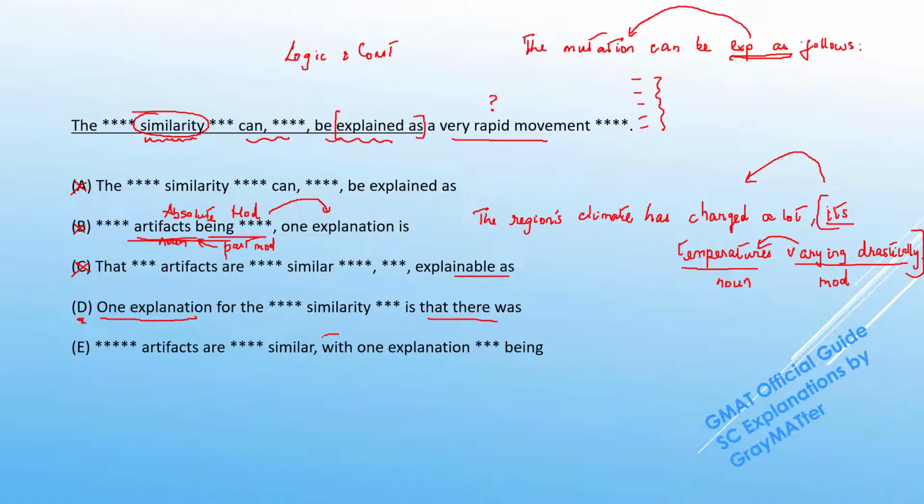One thing that can be quickly caught about answer choice E is the usage of this comma with. I have given a detailed explanation of the usage of with in question 783, so please look that up.